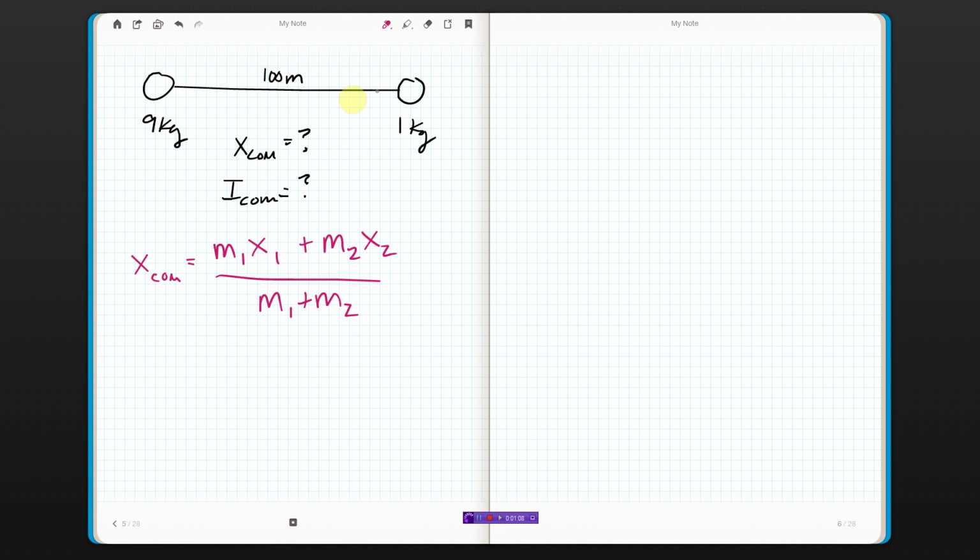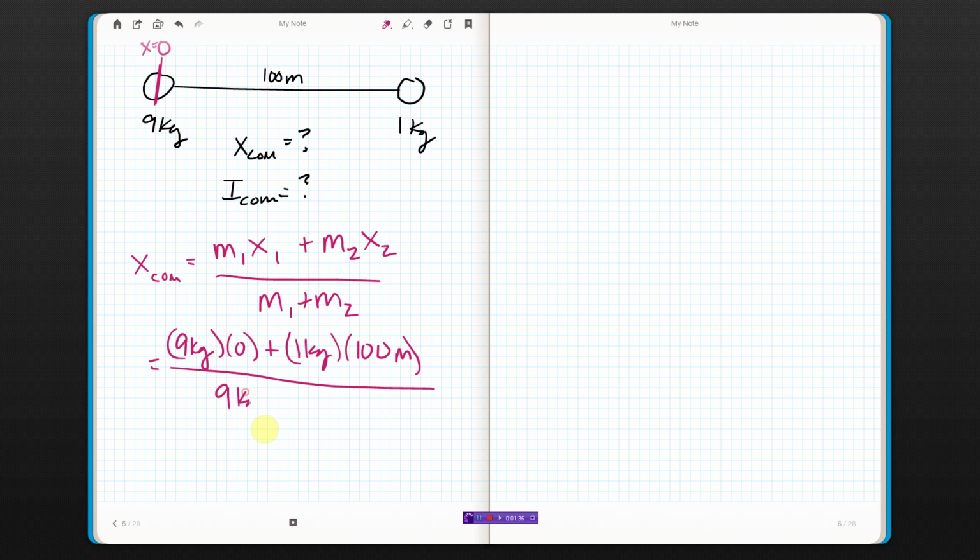So we're going to just go ahead and call this x equals 0, where the 9 kilogram is. In that case, what I have is mass 1 times its position, which is 0, plus mass 2 times its position, which is 100 away, because it's connected by a rod that's 100 away, over both masses.